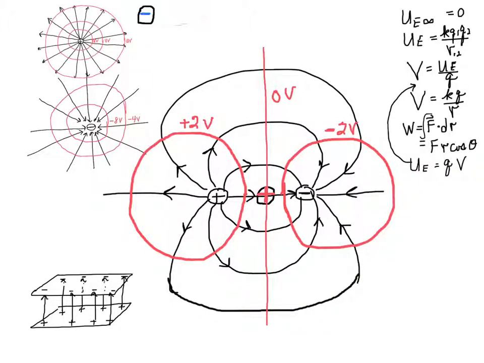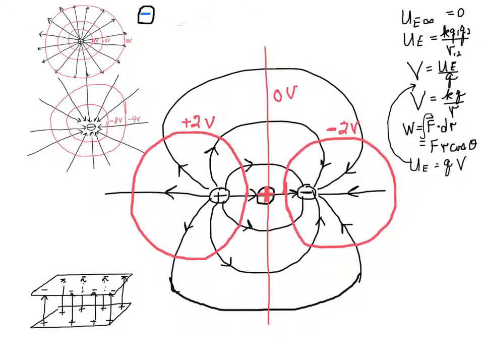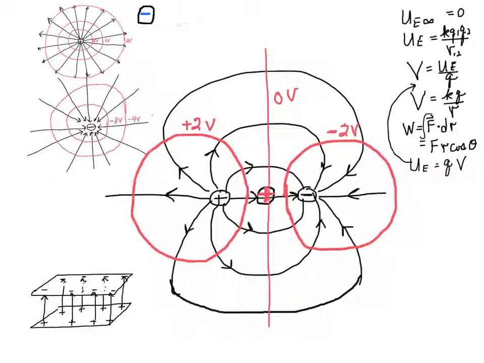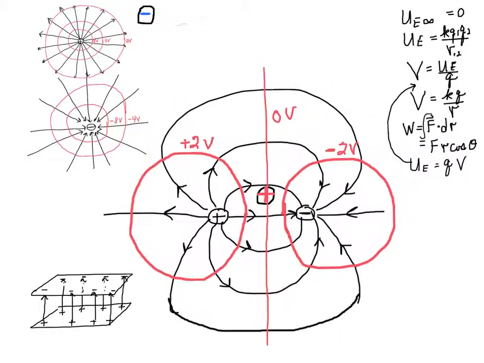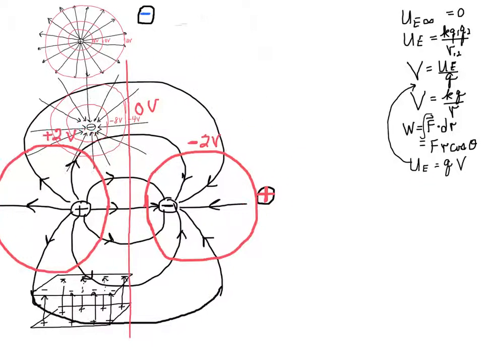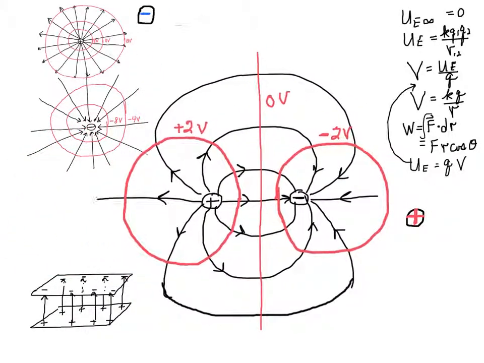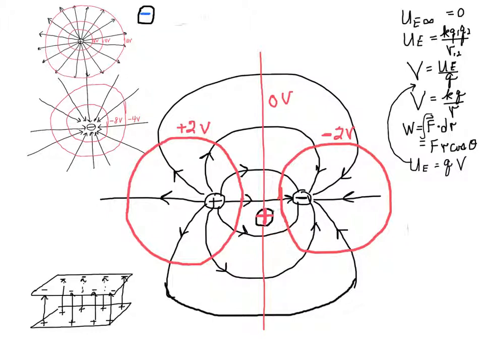But if I move the charge perpendicular to the force, that means I'm moving it perpendicular to the field lines. Anywhere along this line, I can move it from this point all the way off to infinity, and it has no energy. Whereas if I push it this way, it has a positive energy.